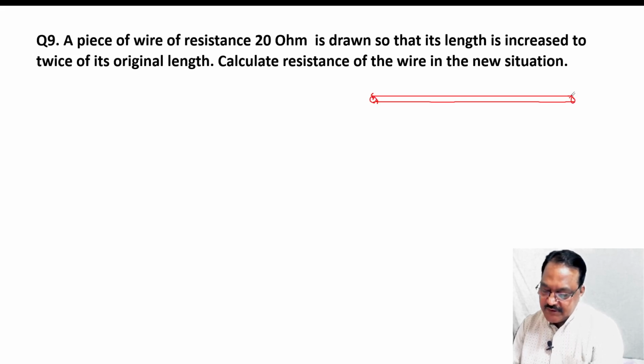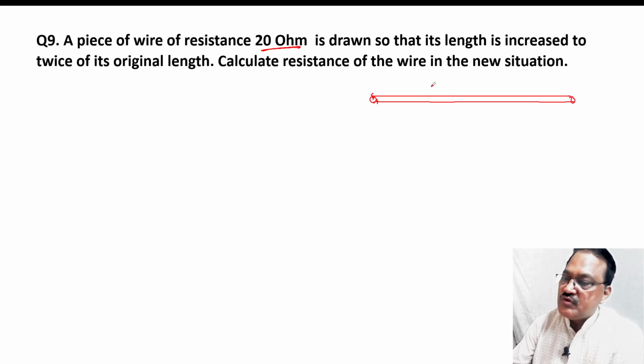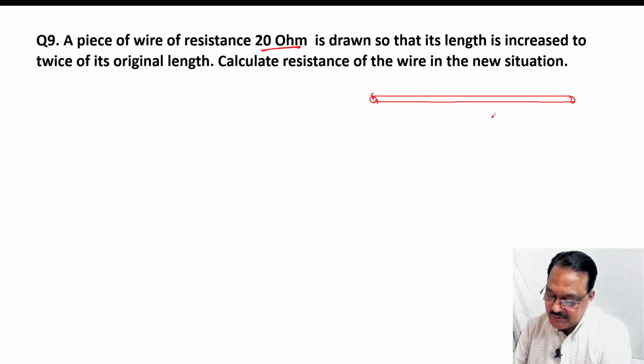What is given here? The resistance of this wire is given as 20 ohm. Its length is increased to twice its original length. Now this L is increased to a new value of L2, just double. Calculate the resistance of the wire in the new situation.